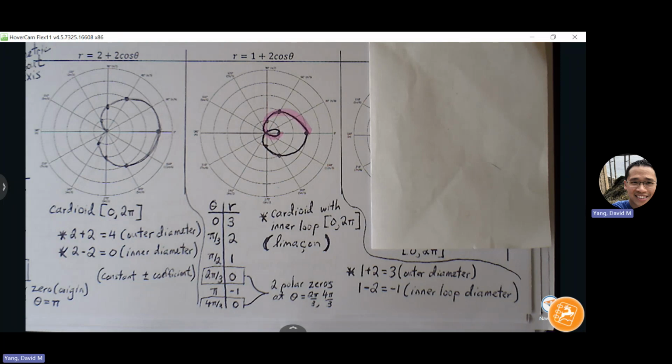So if the constant is less than the coefficient, we get that inner loop to show up. And as you are graphing it on paper, also see if you can get that picture to show up in your calculator.